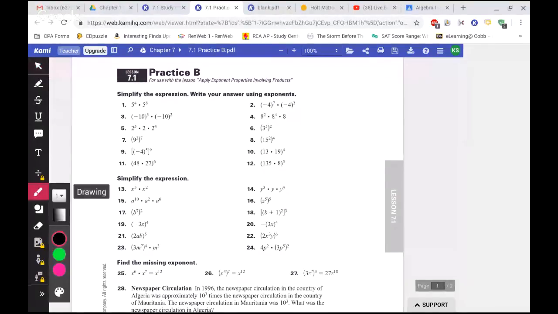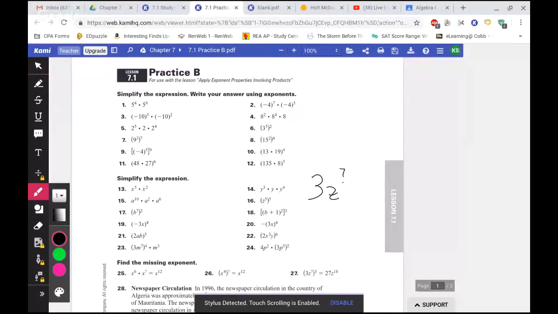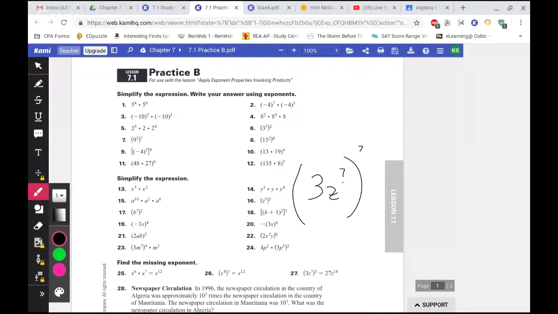3z question mark to the 3rd power. Okay, well, I know this 3 gets distributed to everything inside the parentheses. So I'm going to have 3 to the 3rd, z still to the question mark, and then what would I have to multiply?